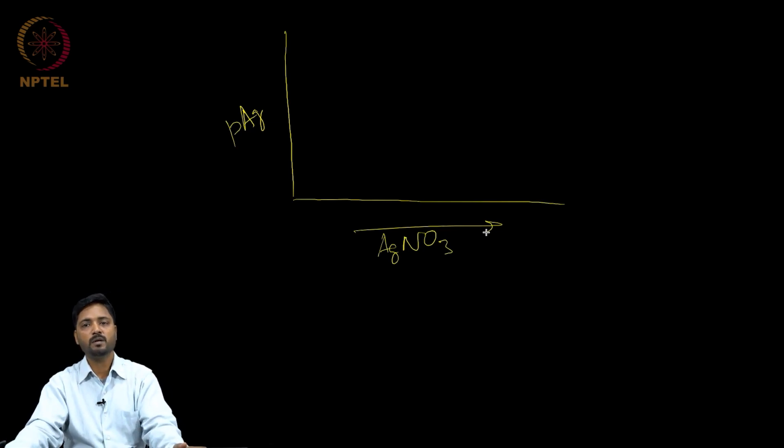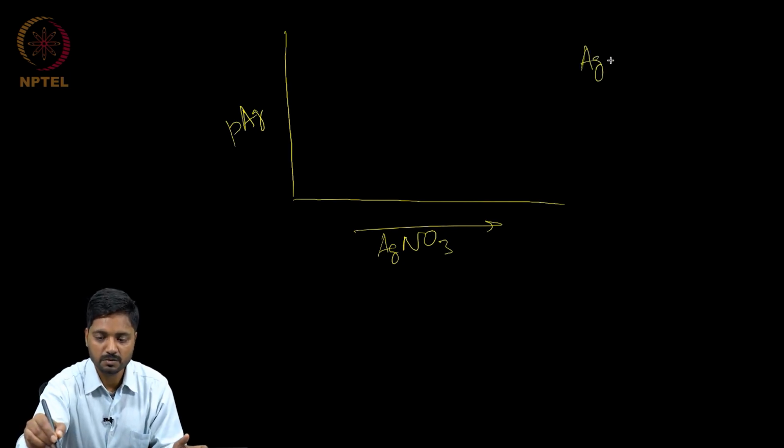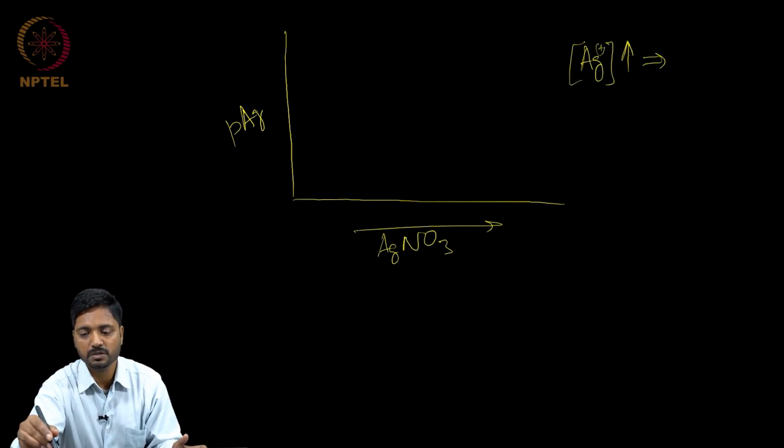And since it is a pAg value, the value will decrease as the silver concentration increases. So, this has to be written carefully. As the silver ion concentrations increase in the medium, the pAg value decreases.